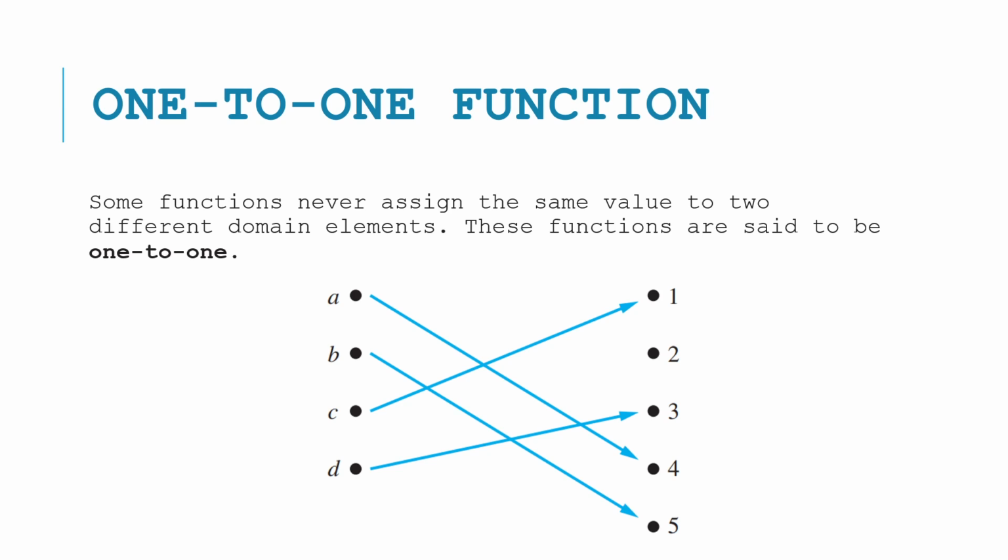It's not one-to-one if our y has two pre-images. It's only one-to-one if a pre-image has exactly one image and an image has exactly one pre-image.